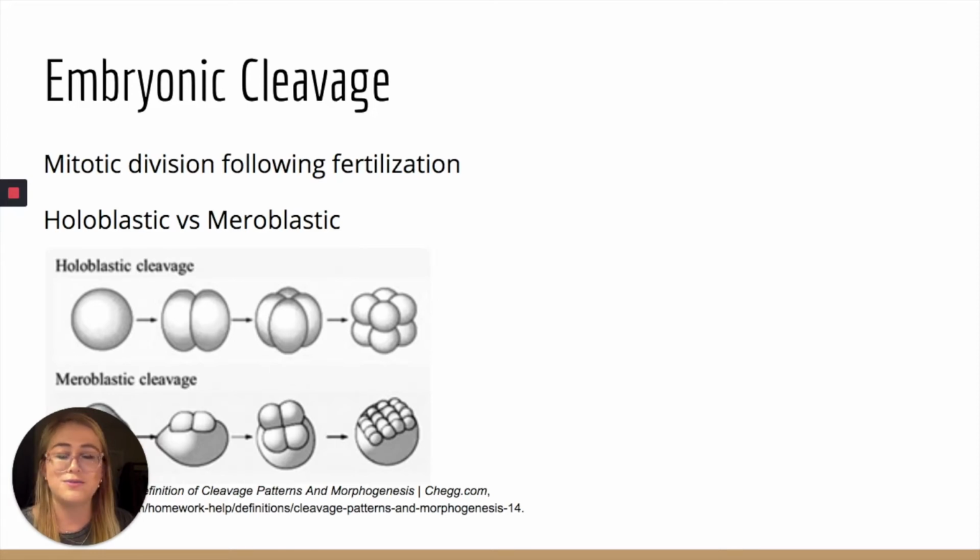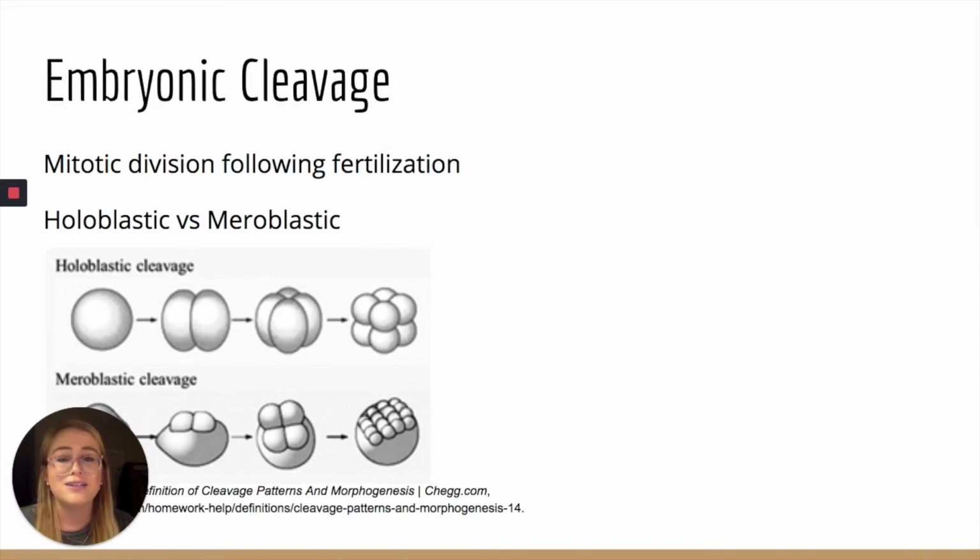On the other hand, we have meriblastic cleavage, which physically is different just because it's uneven. Now, we'll start to go into the reason why this happens. The primary reason is that holoblastic cleavage happens in organisms that tend to have only a little bit to a moderate amount of yolk, so that's not preventing the even cleavage.